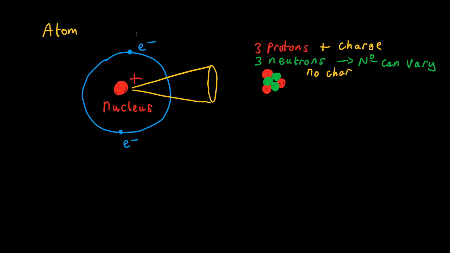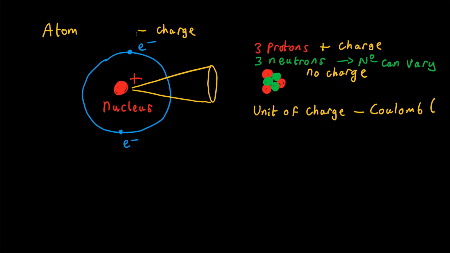The neutrons have no charge, but the protons have a positive charge, and the unit of charge is called the Coulomb, and we represent it by a capitalized C. A single proton has a charge of positive 1.60 times 10 to the minus 19 coulombs, and that's to 3 significant figures.